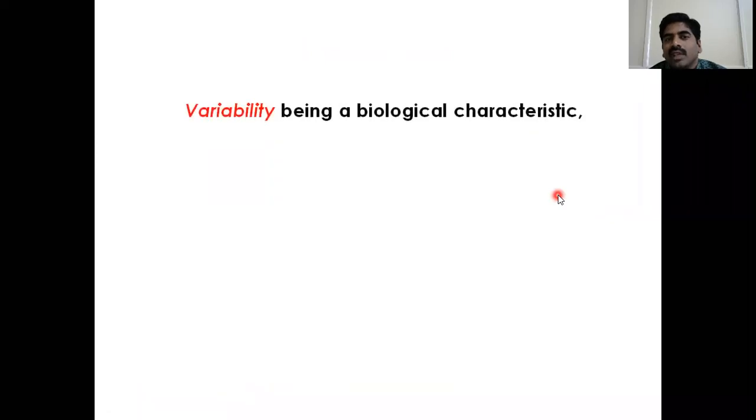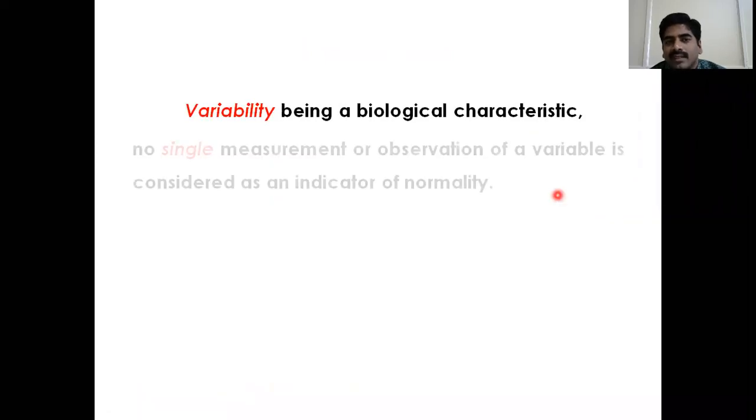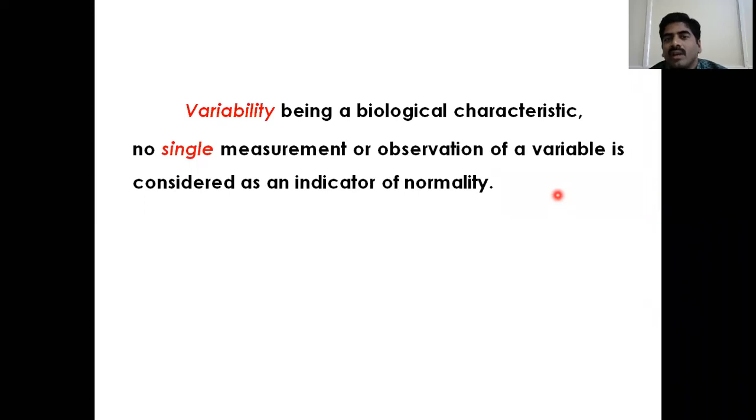And next, variability being a biological characteristic, no single measurement or observation of a variable is considered as an indicator of normality. See, you can take some homogeneous samples, all healthy, and large samples, and collect any biological variable.